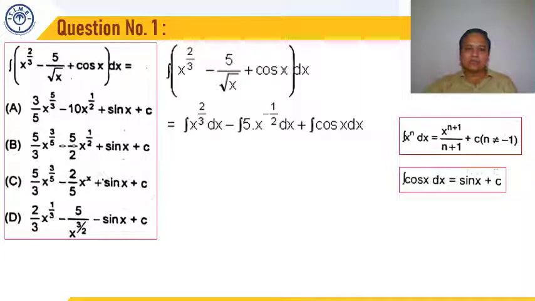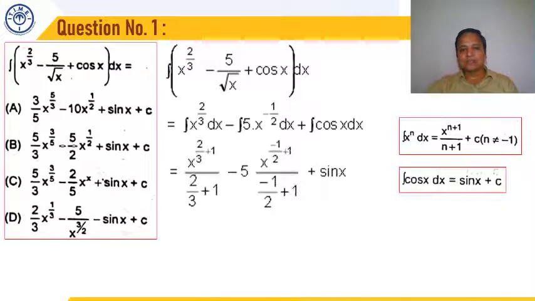So we apply this formula, we get x to the power 2 by 3 plus 1 upon 2 by 3 plus 1, minus 5, which is constant, we take outside of integration, and then x to the power minus 1 by 2 plus 1 upon minus 1 by 2 plus 1, plus integral of cos x comes out to be sin x.